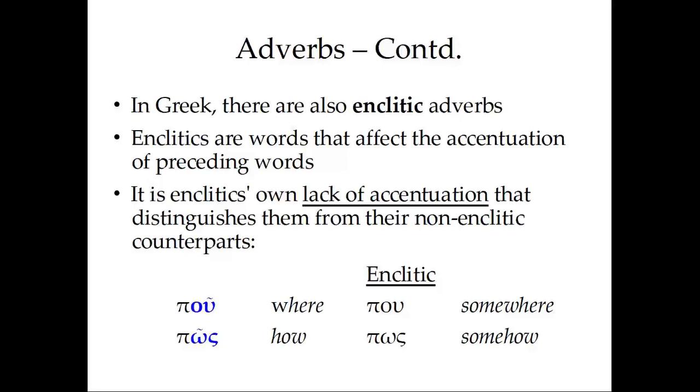So again, the interrogative adverbs, the non-enclitic forms, which have their own meanings, have the accents, these circumflexes on the ultimas there, and the enclitic forms do not. And that is how we're going to tell these apart. And again, the difference in meanings is clear. Pou means where, and pou means somewhere. Pos means how. Pos without the accent means somehow.